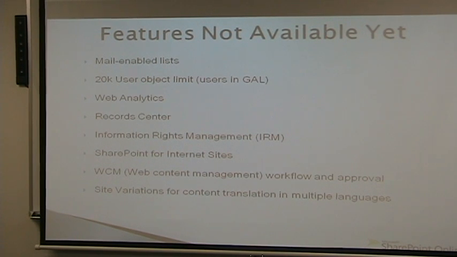There's a 20,000 user object limit, that's not going to be a problem for us unless we find a huge customer. Does it integrate with InfoPath? Currently, no. Most of those, if you can't do it in SharePoint Designer, you basically can't do it. There's also Power Pivot and several similar tools that Office 365 does not support.